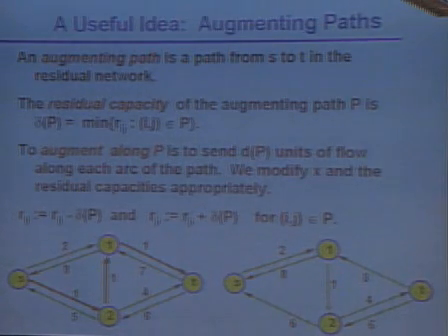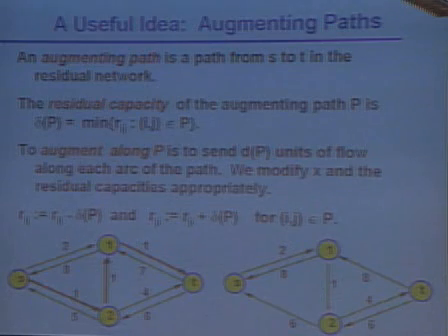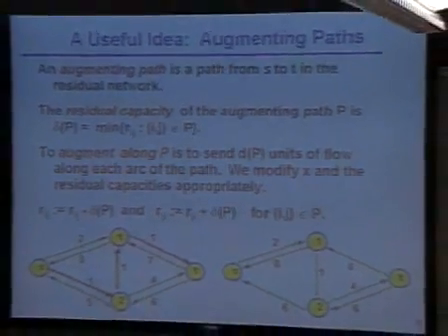Let's look at this network: S, 1, 2, T. This is the original network, and the current flow is actually the following.